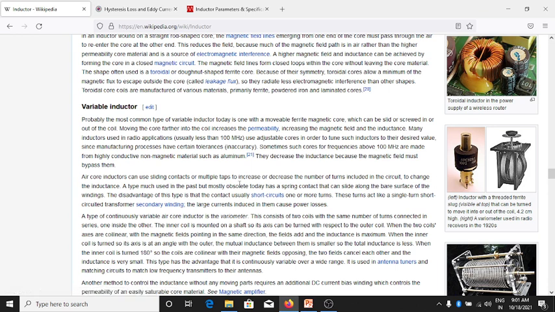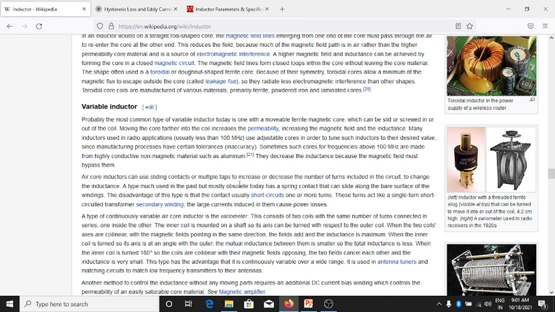Probably the most common type of variable inductor today is one with a movable ferrite magnetic core, which can be solid or screwed in or out of the coil. Moving the core further into the coil increases the permeability, increasing the magnetic field and the inductance.